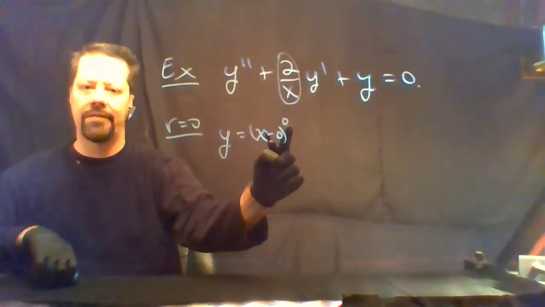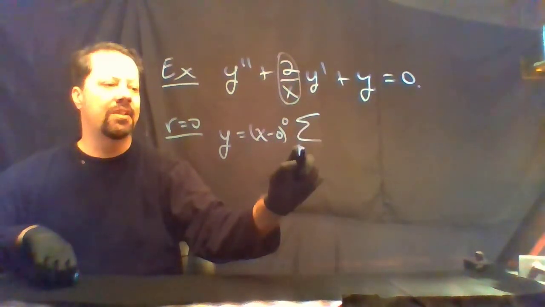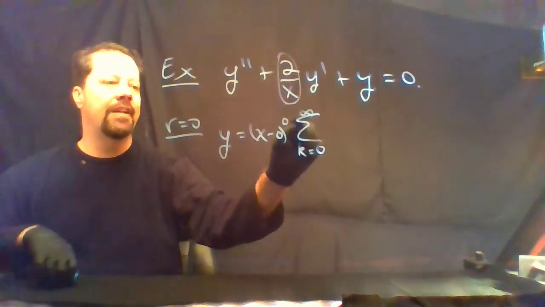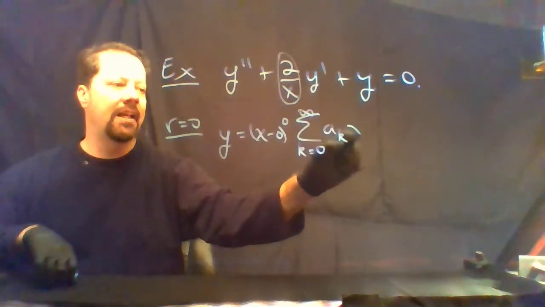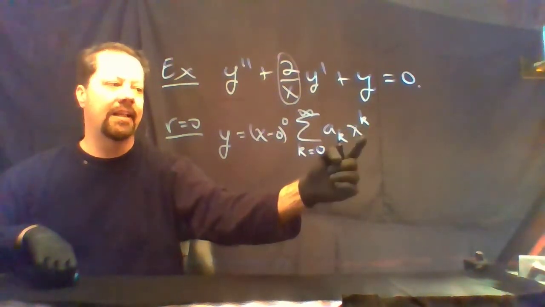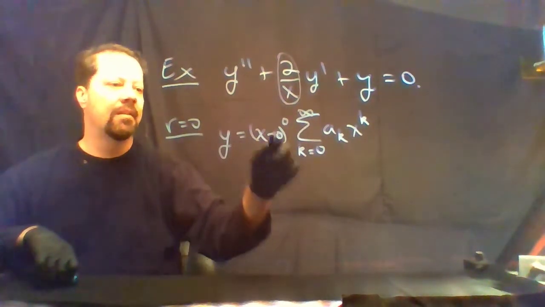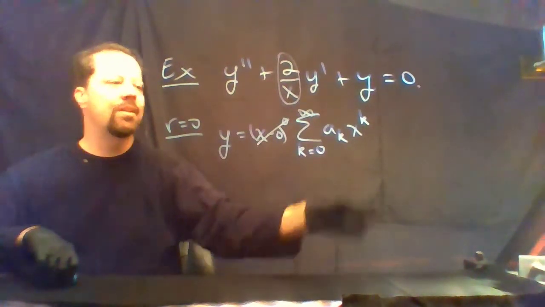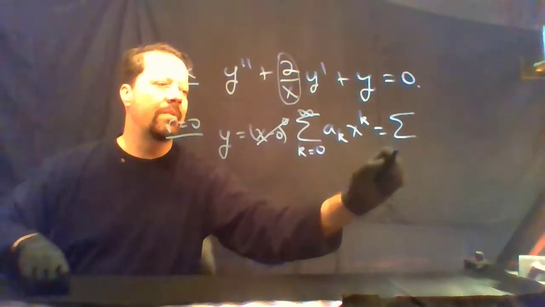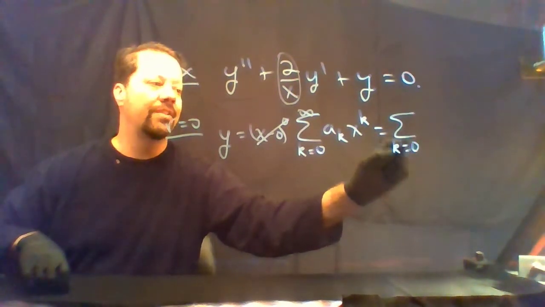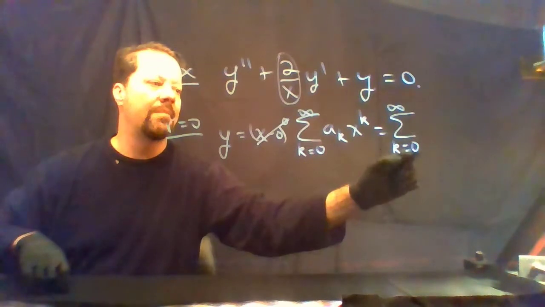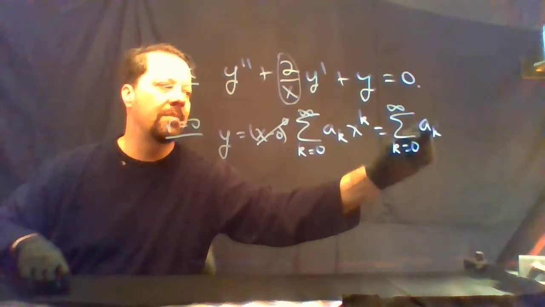This is our r value, times the sum as k goes from 0 to infinity, a sub k, x to the k. Again, I'm assuming the center is 0 because our singular point was 0. This is just 1. We're assuming our solutions are just some analytic function of the form the sum as k goes from 0 to infinity, a sub k, x to the k.